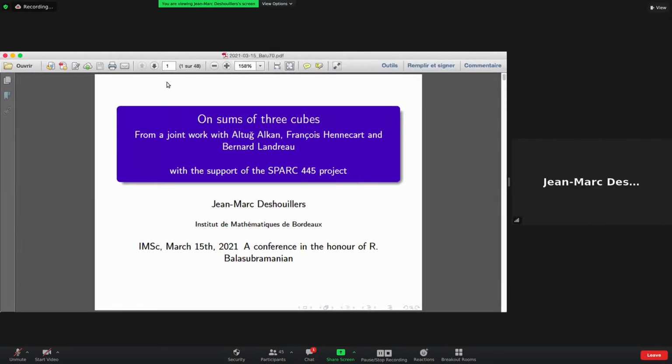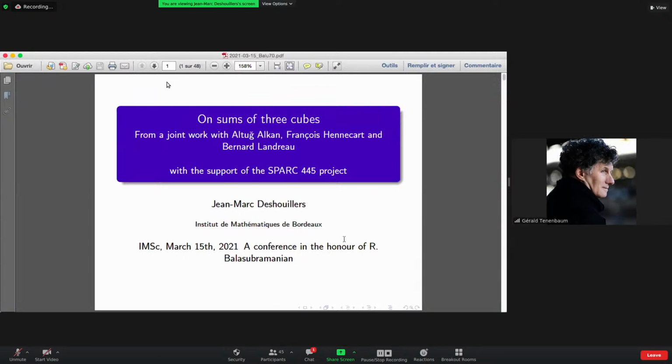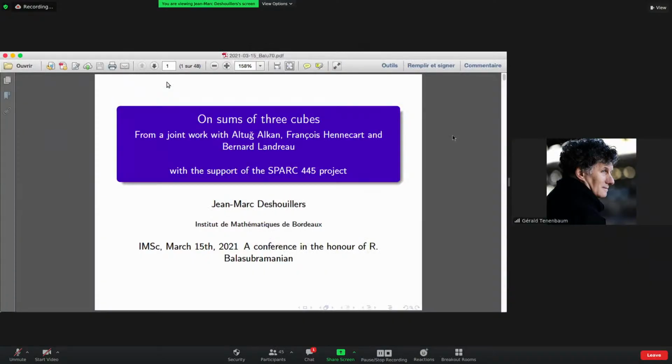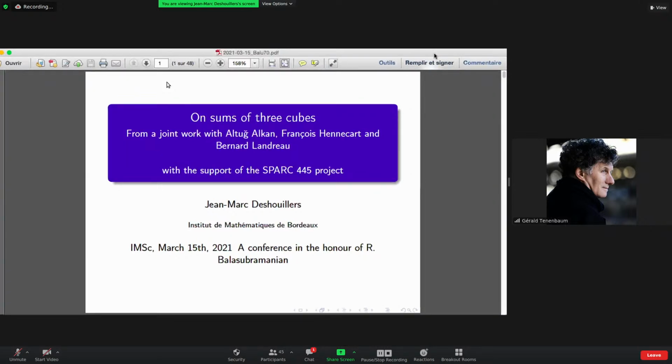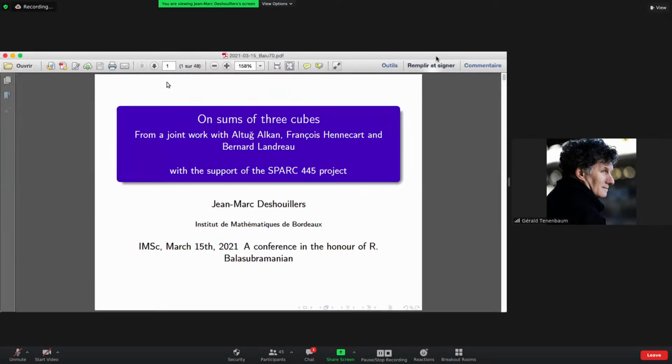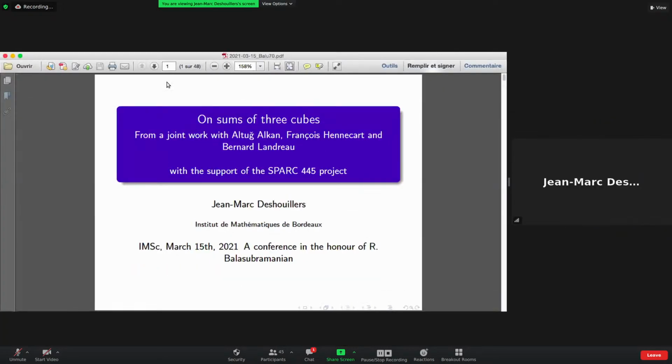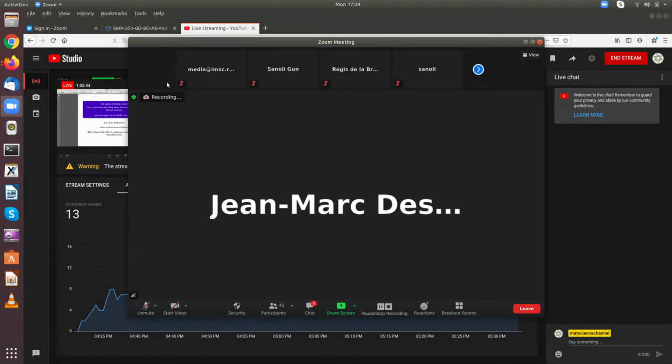Okay, this is also a problem. Is it better now? Yes, slightly better. I doubt I can do much more on this. How can I go full screen? Maybe here. I'll try something.